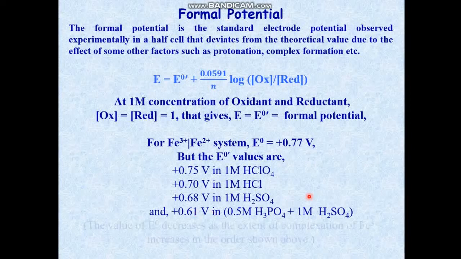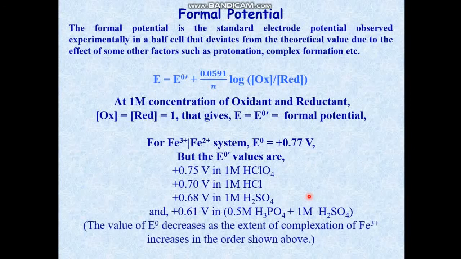So this is the formal potential. So what is the explanation? The value of E0 decreases as the extent of complexation of ferric ions increases in the order shown above. That means from the top to bottom, the tendency to form a complex increases.